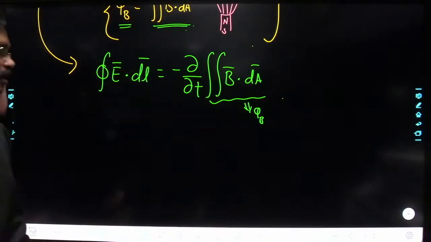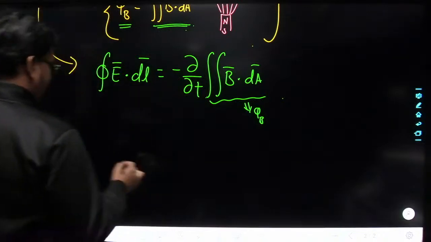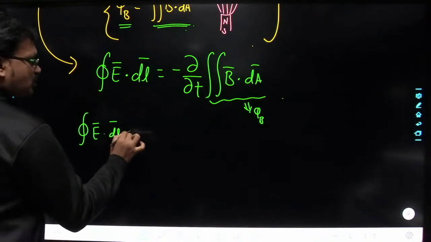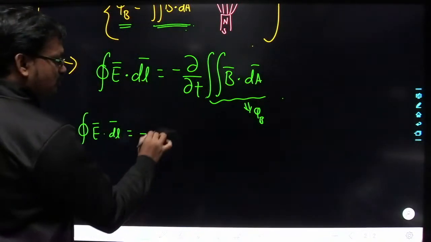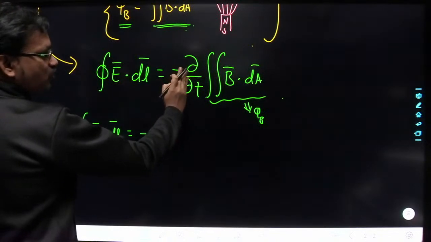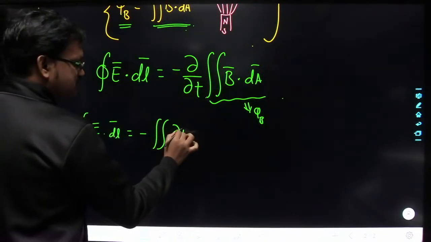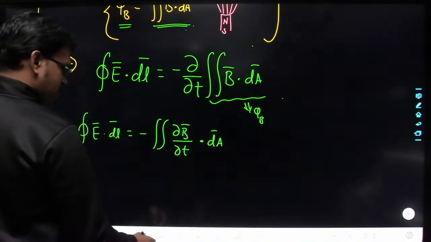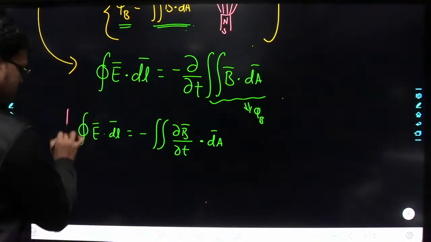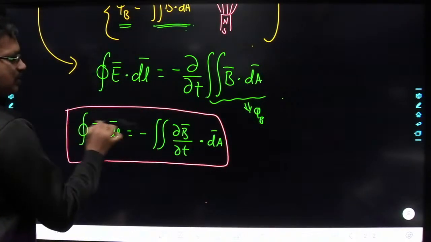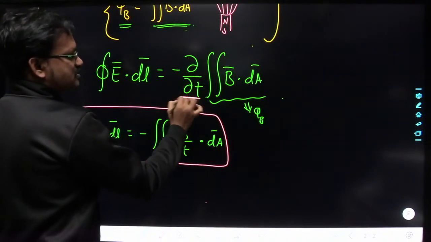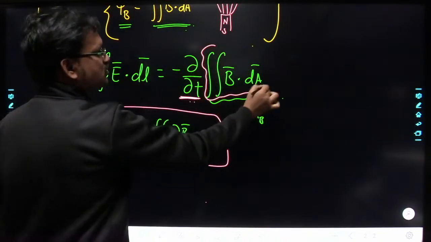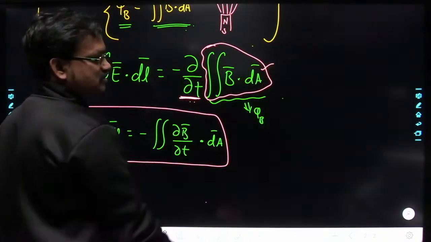The same expression I can represent in this manner. The circulation of electric field around any closed loop is equal to minus of the double integral, where I am sending dou by dou t inside the integration. So I can represent the same thing as dou B bar by dou t dot dA bar. Here dou by dou t means differentiation with respect to time, and integration is done with respect to space.